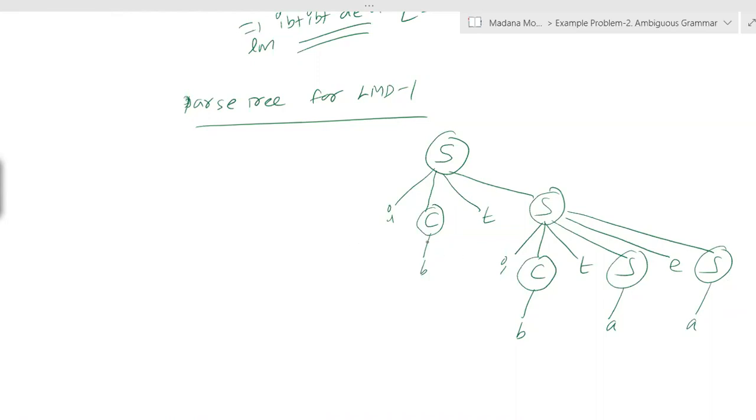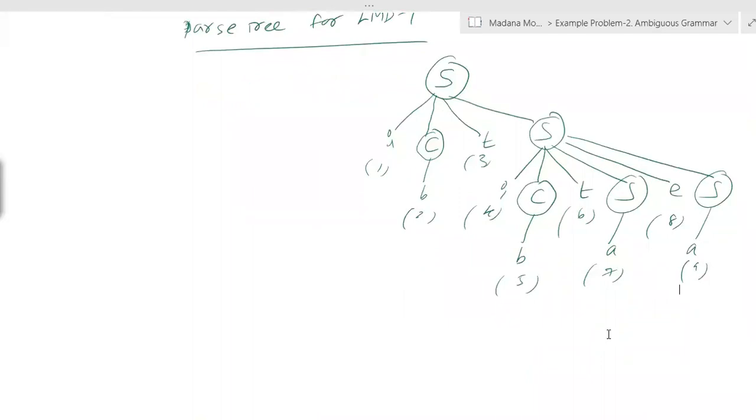Now you can see, take all leaf nodes from left to right in order. Now you can provide numbering. This is 1, 2, 3, 4, 5, 6, 7, 8, 9 from left to right. If any null is there in between, you can exclude. Now you can write all the leaf nodes in that order, which is called the yield of a tree or a partial derivation tree.